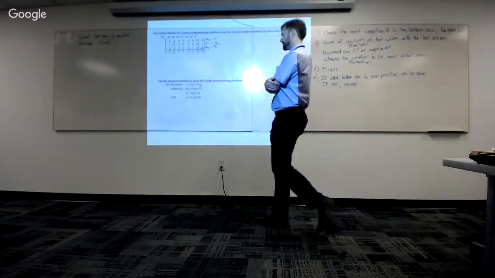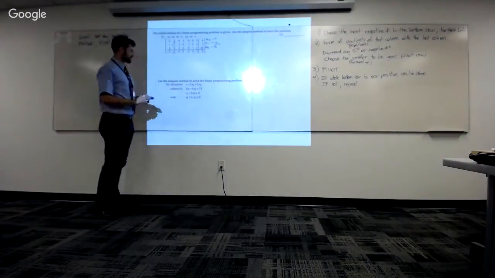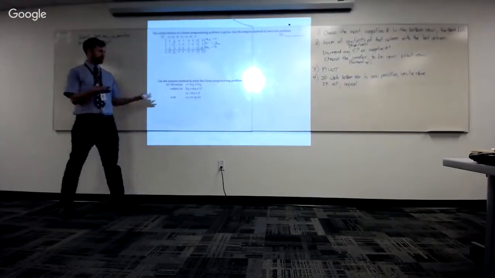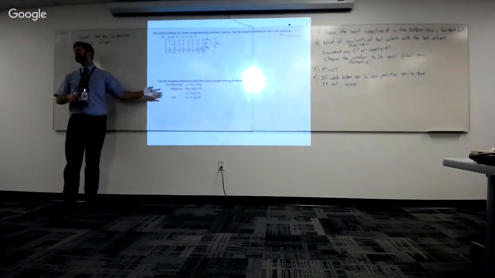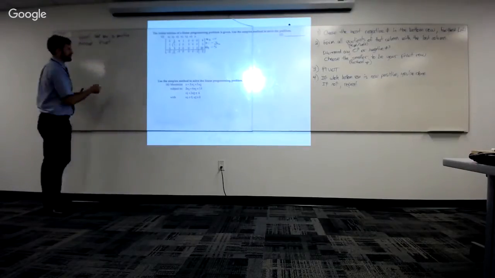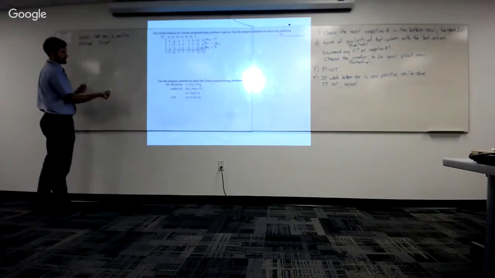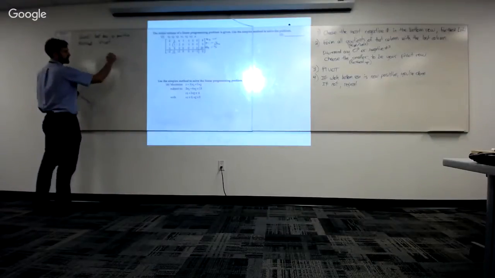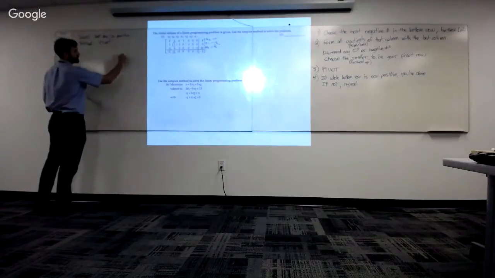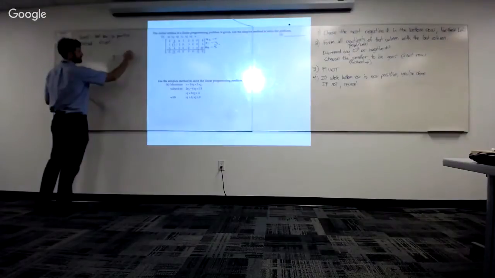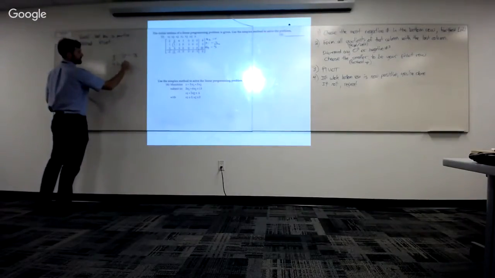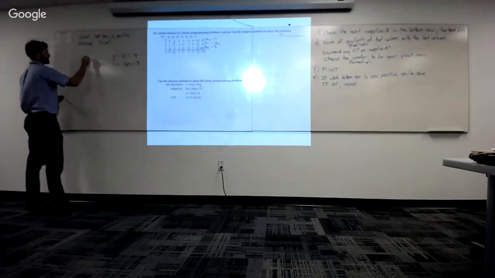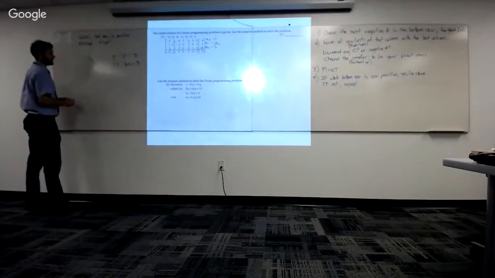So they're giving you the objective function to maximize, they're giving you your constraints, and they're saying, hey, find the solution. Now keep in mind that right now you could fall back on the graphical method. You could say, hey, let's just graph this thing. So that would be something like y is less than or equal to negative 1/2 x plus 3, and y is less than or equal to negative 1/2 x plus 3 again. And we would have something that looks like this.